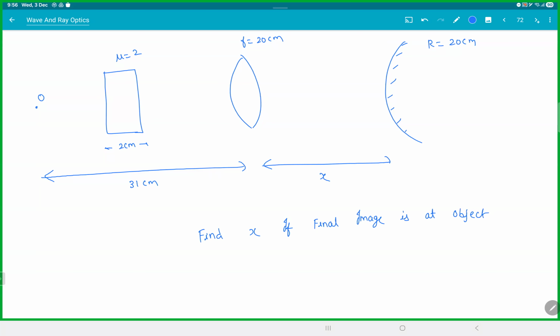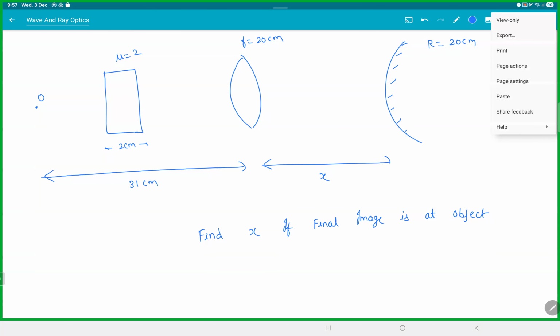Slab, lens, mirror. Brute force it. Just have to keep solving.